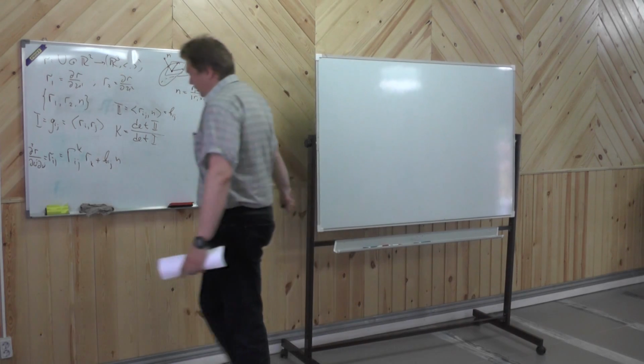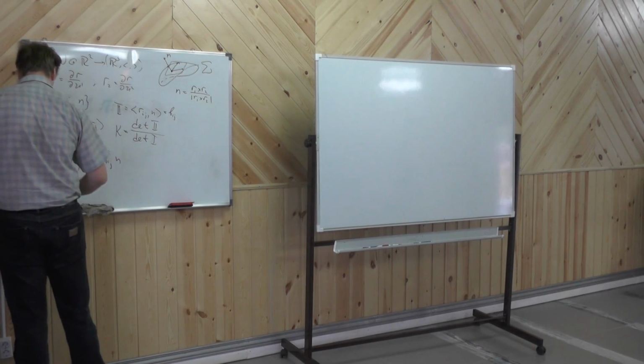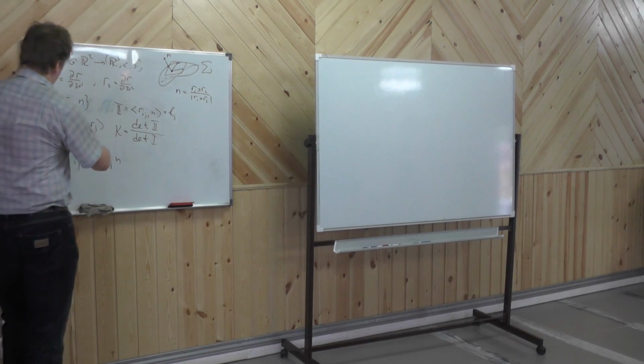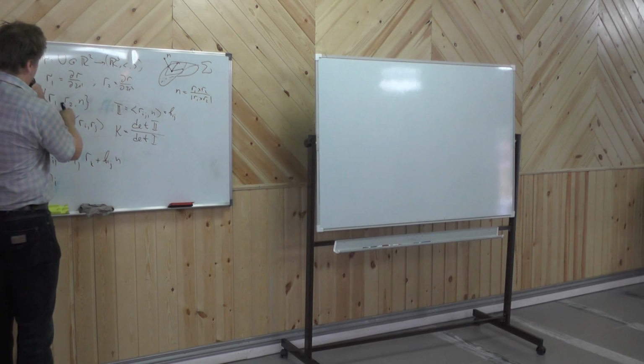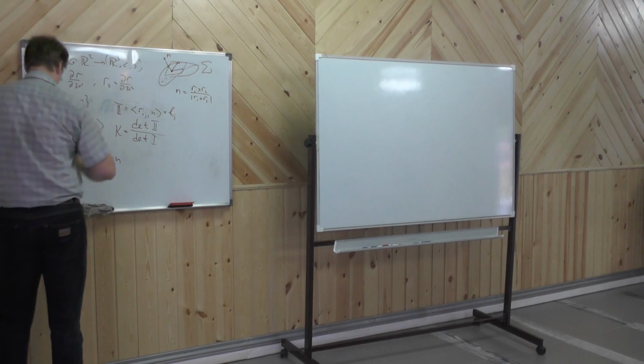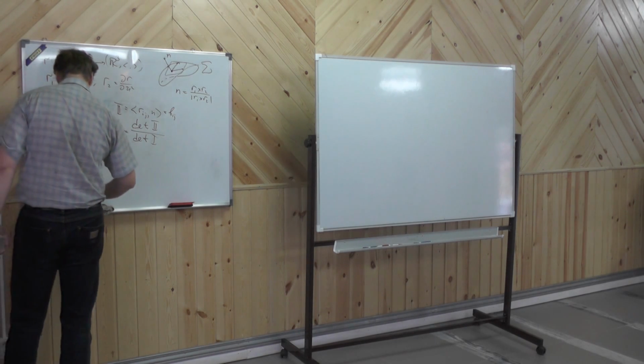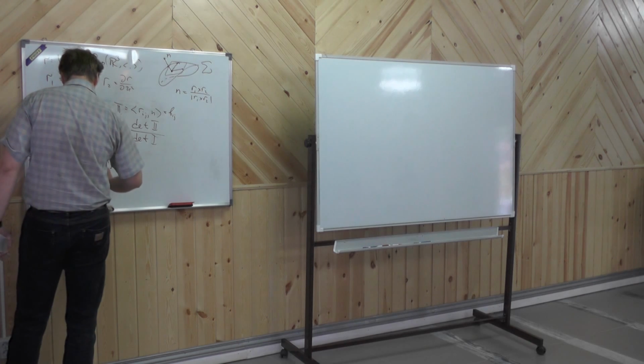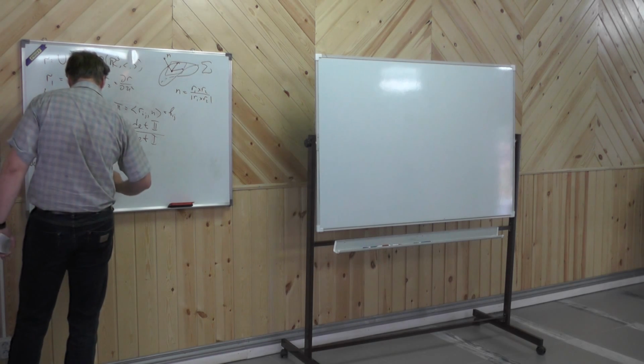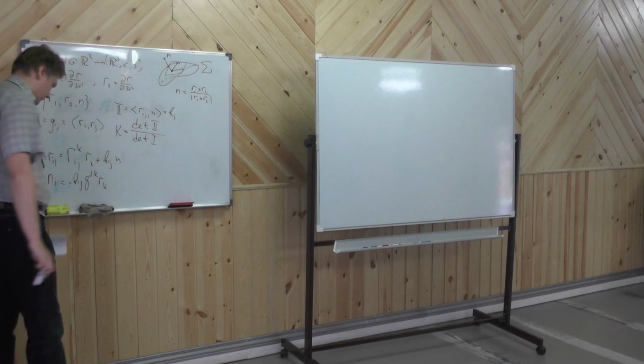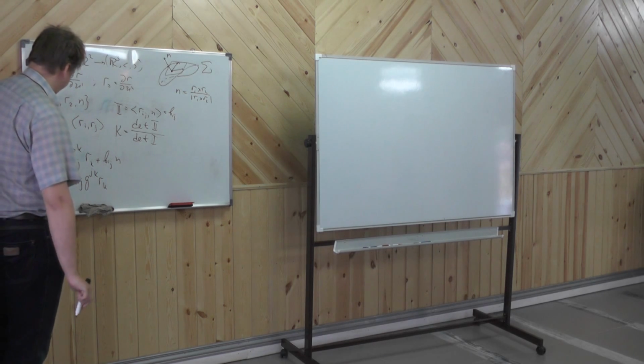And also you can calculate how these two vectors change, and the normal changes by the following formula, called the Weingarten formula.